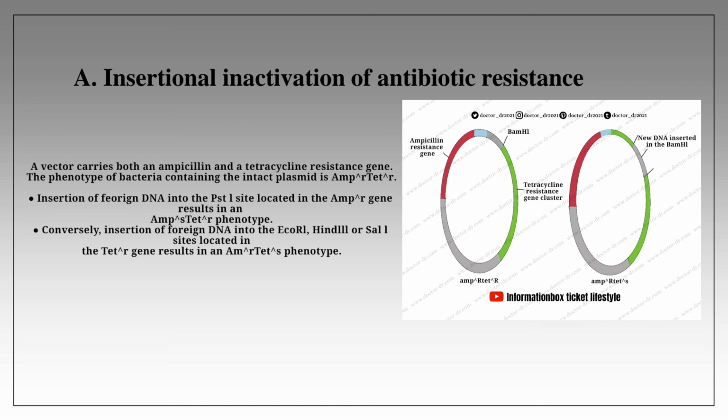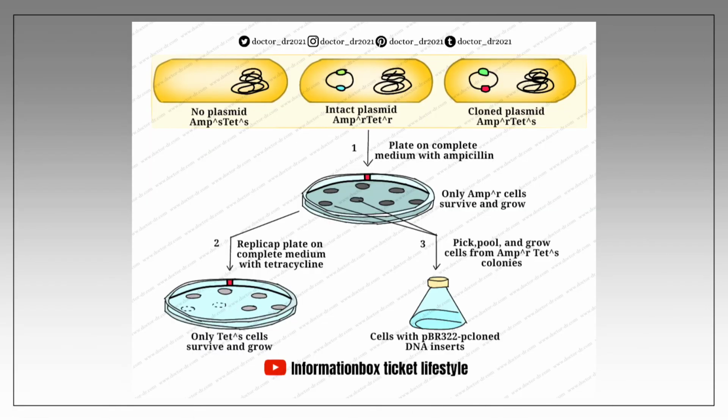Conversely, insertion of foreign DNA into the EcoRI, HindIII or SalI site located in the tetracycline resistance gene results in an ampicillin resistant and tetracycline sensitive phenotype. Here is a diagram of the step-by-step procedure.